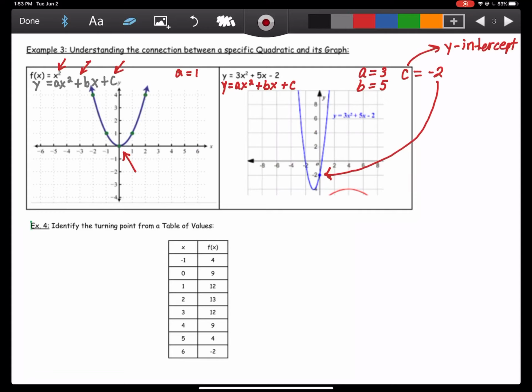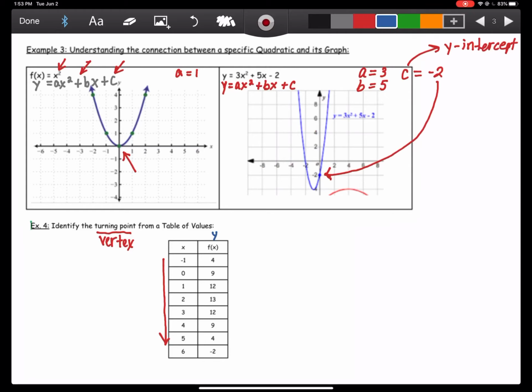Example 4. Now, this was just an activity that Kurt did trying to point out how to find the turning point. And the turning point is really the vertex point. Okay, it's the point where things change direction. So look at the x's. The x's just keep going up and up and up, right? They're going from -1 all the way up incrementally by one number. But look at the f of x, or the y.